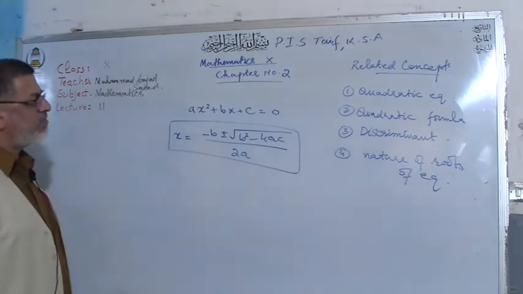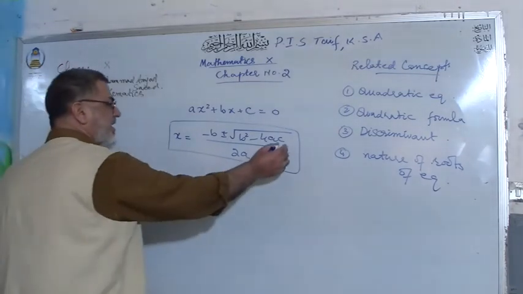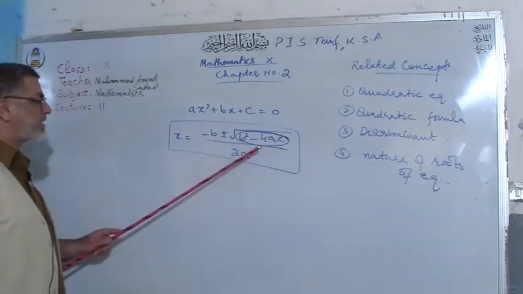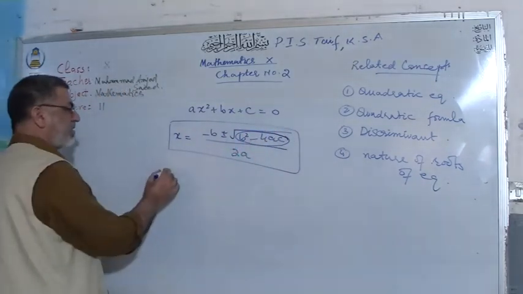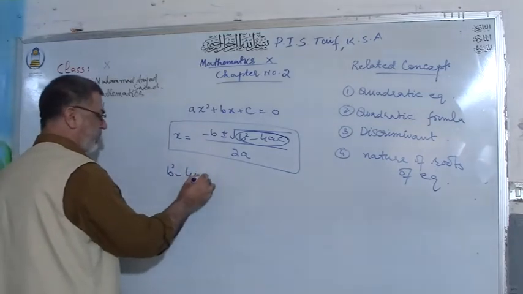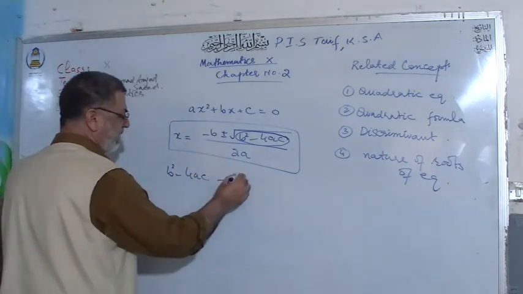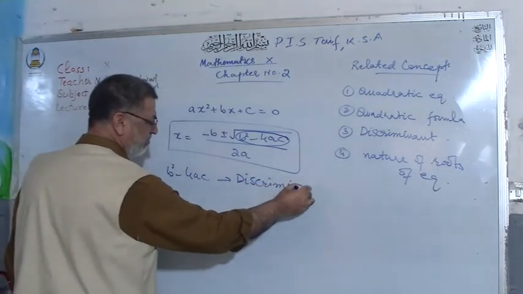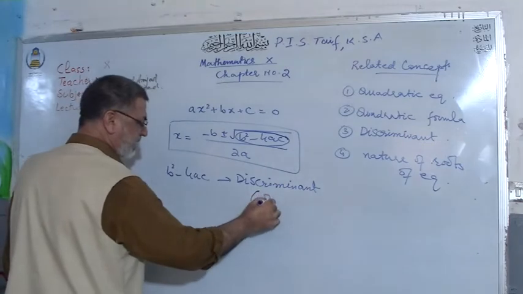Next is discriminant. The term inside the square root sign, that is b square minus 4ac, is known as discriminant. Simply it is written as disc.